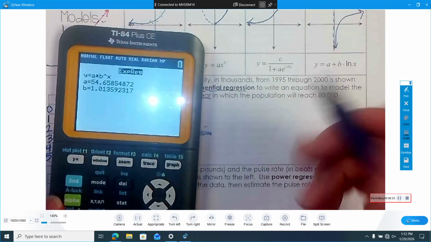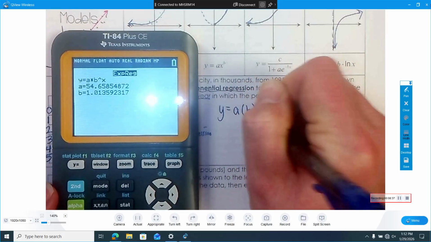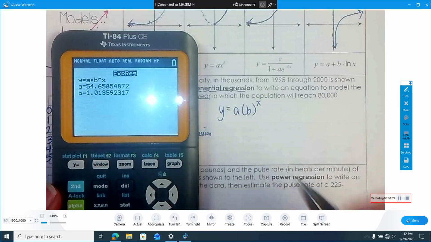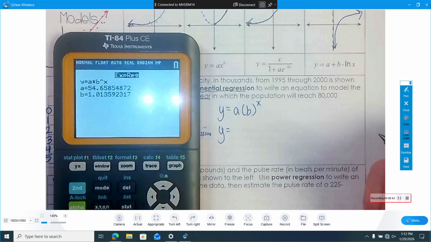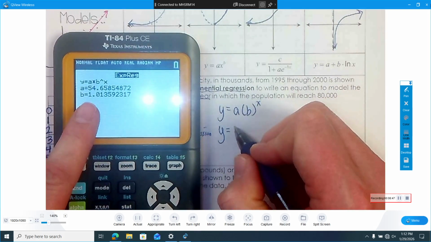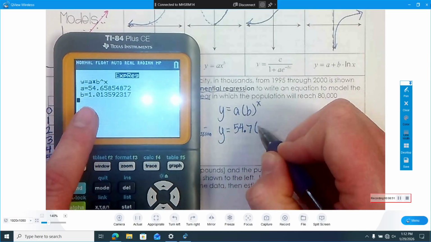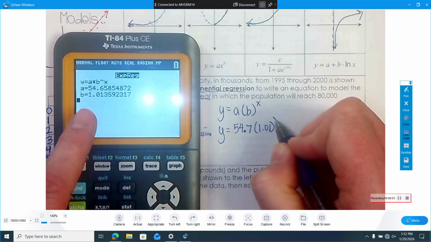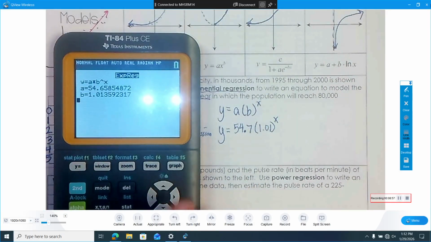This equation is the form y equals a times b to the x power. I think we're going to just round to 2 decimal places here. So the a I have is 54.7. And the b is 1.01 to the x power. All right, so there's our little model.